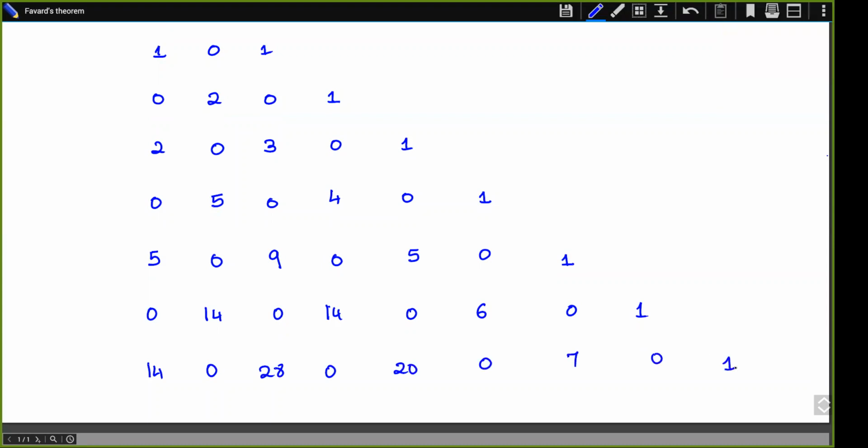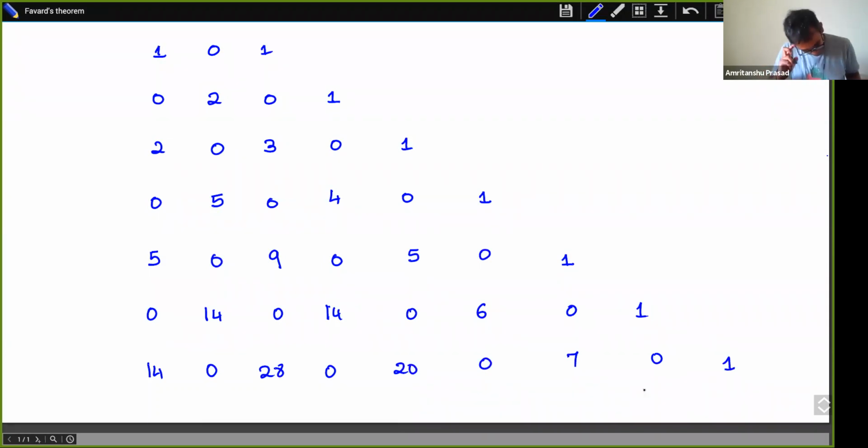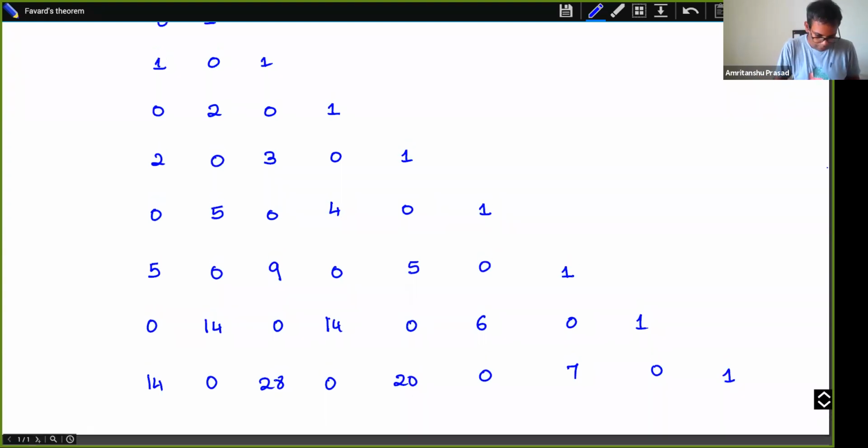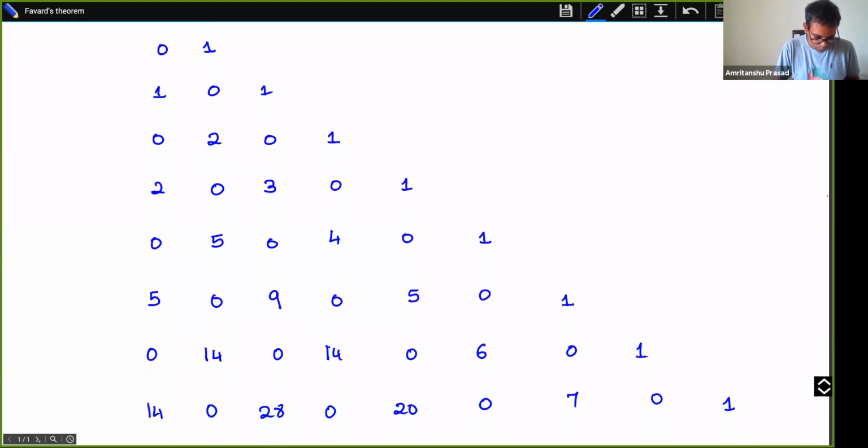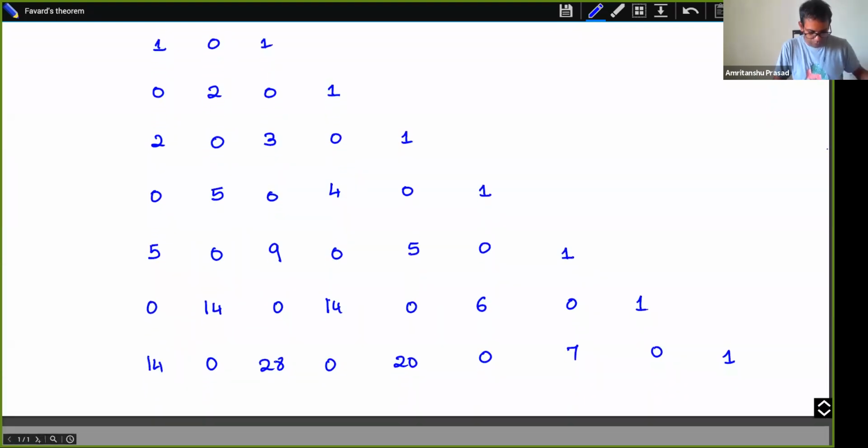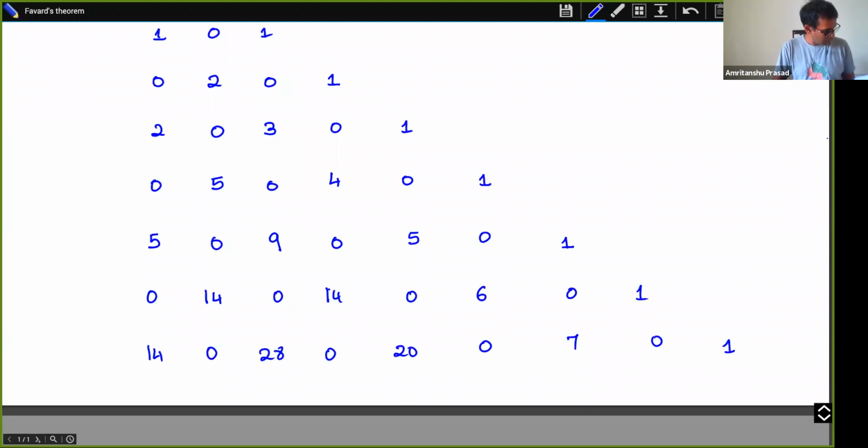So you see some patterns here. You have ones on this diagonal, then 1, 2, 3, 4, 5, 6, 7 on this diagonal. But what is interesting is that along this column you have the Catalan numbers, namely 1, 1, 2, 5, 14, and so on.